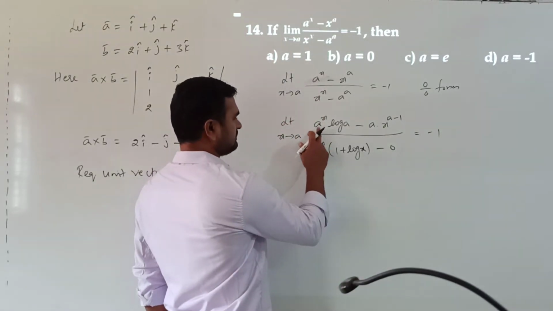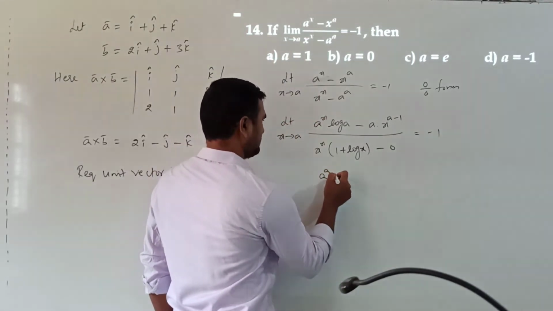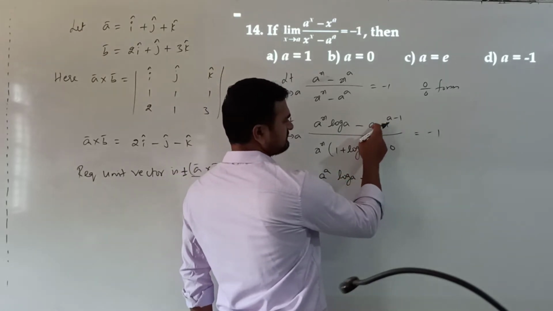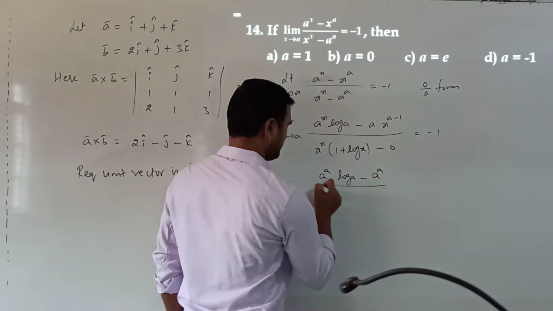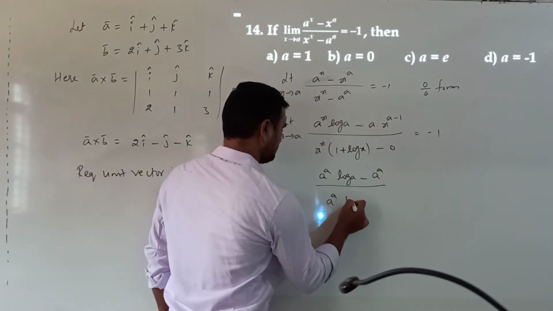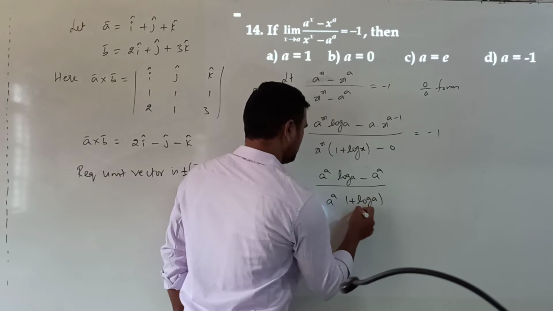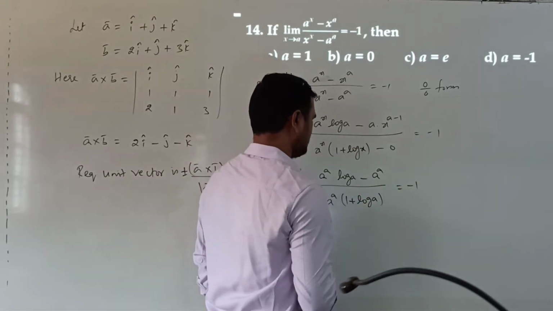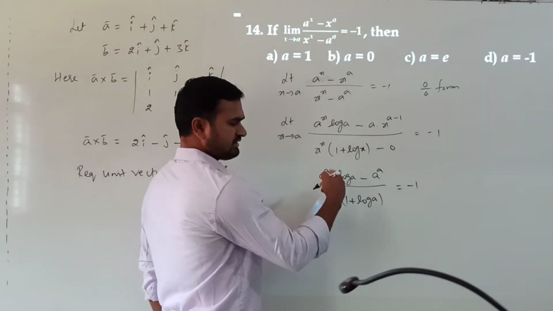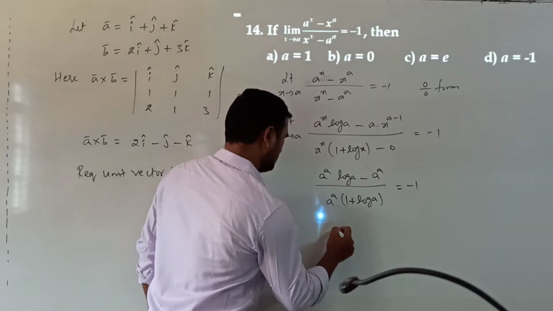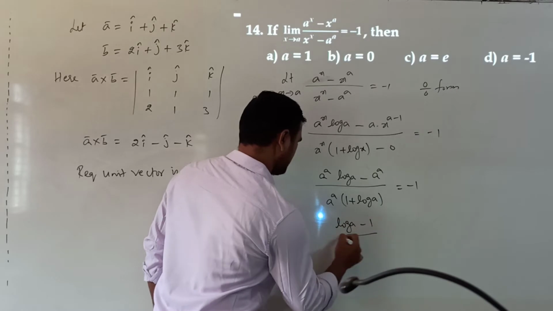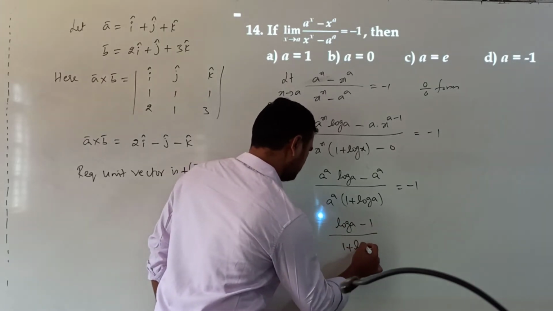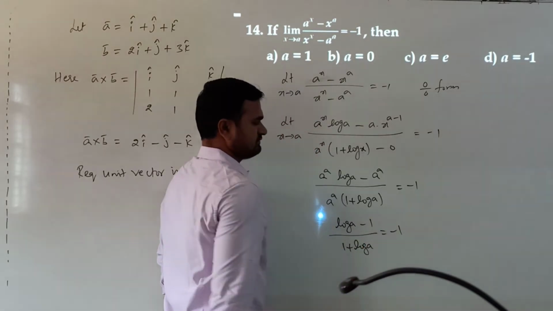Now substitute x equal to a, so it is a power a into log a minus a power a minus 1 into a, which is a power a, divided by a power a into 1 plus log a, substituting x as a, is equal to minus 1. Now a power a we can take common and cancel. So log a minus 1 divided by 1 plus log a is equal to minus 1.